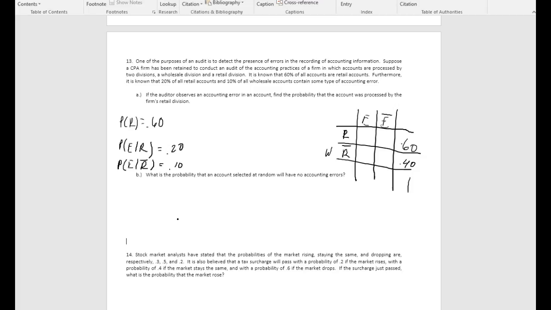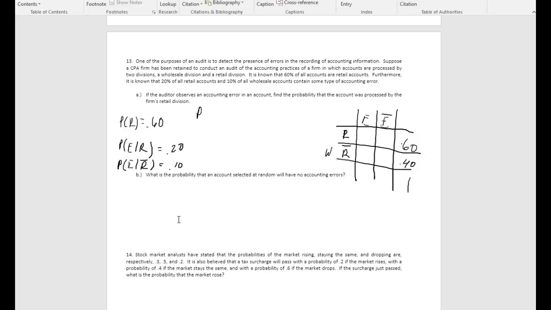The reason is that these 4 slots are going to be intersection probabilities. That's all they ever are. The parts on the sides are marginals, the total is in the corner, and the spots inside are the intersections.